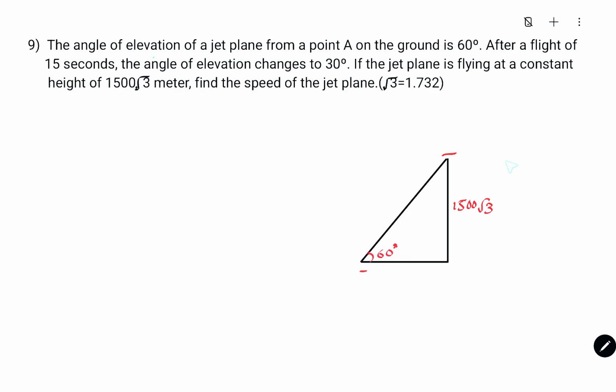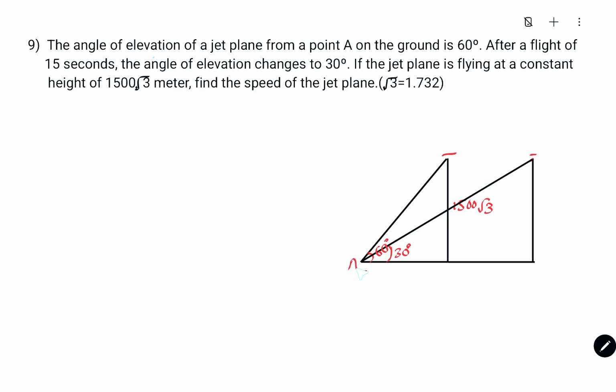Suppose this is the ground point. The flight travels for 15 seconds from here to here, we assume. Now draw one vertical line equal to this line. Now the angle of elevation with the ground is 30 degrees from here to here.